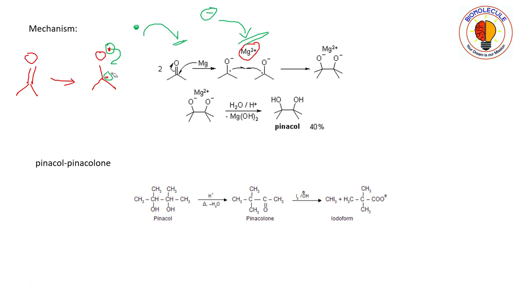So here, if we give h nu, that is light, then this p orbital, that is the pi bond, cleaves, and you can see this oxygen gets one electron and this carbon gets its shared electron back.